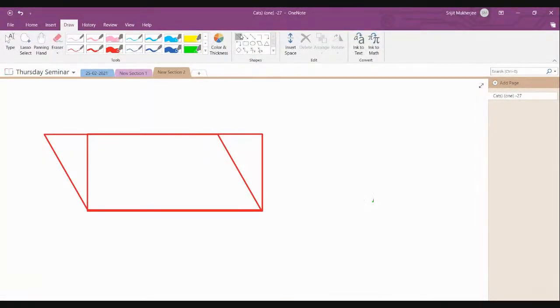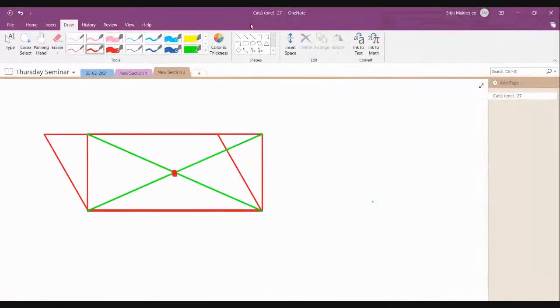So essentially, let's understand. We will do it in a very geometrical manner, like this. And let's draw another one. This was the initial point, okay, this was the initial point of intersection.